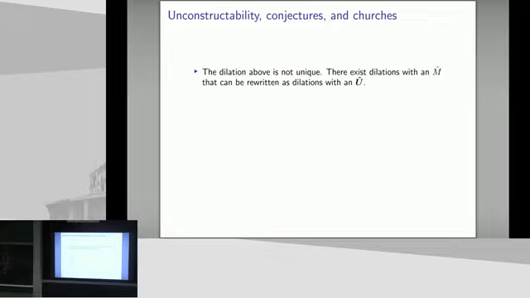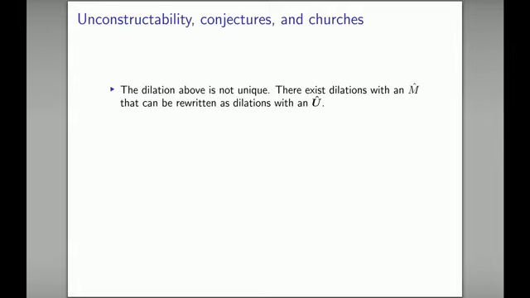This is the last slide. The dilation I showed you with the maxometry isn't unique. So there exists a dilation with some maxometry, and then you can write it in a different way. And there are some examples where you have a dilation with a maxometry, but you can find a way to rewrite that same dilation using a unitary in the center.